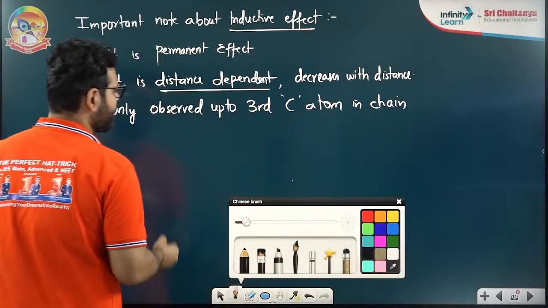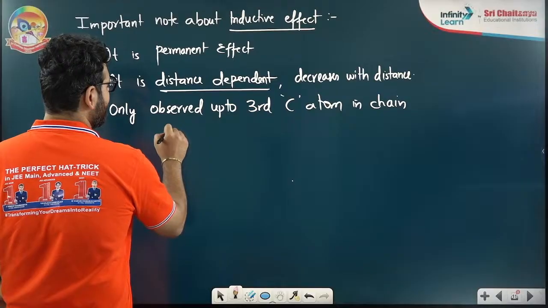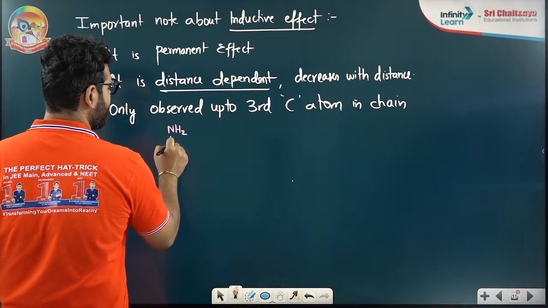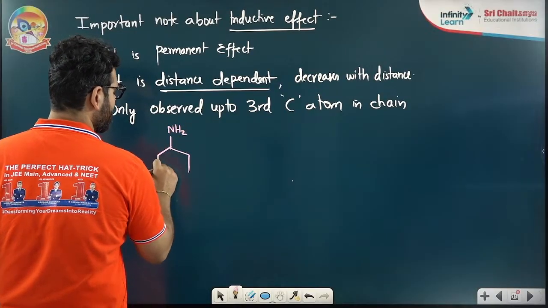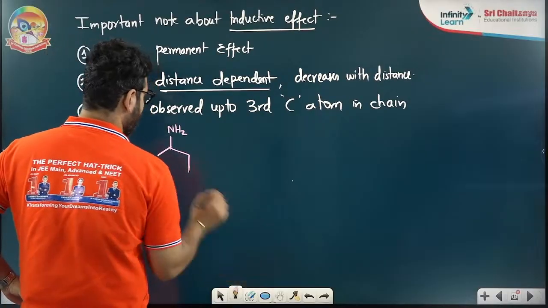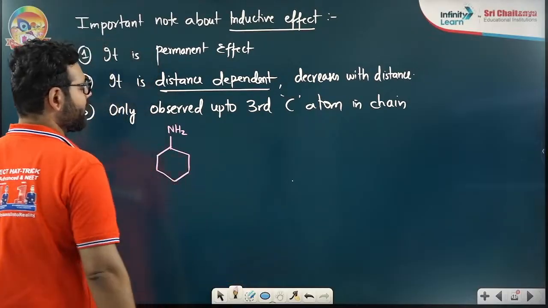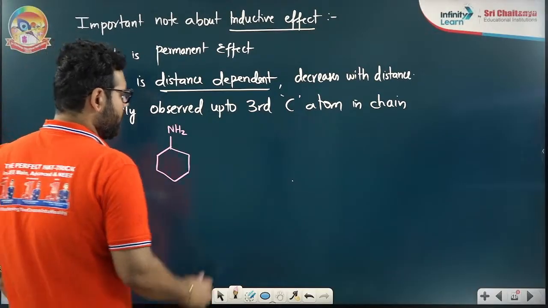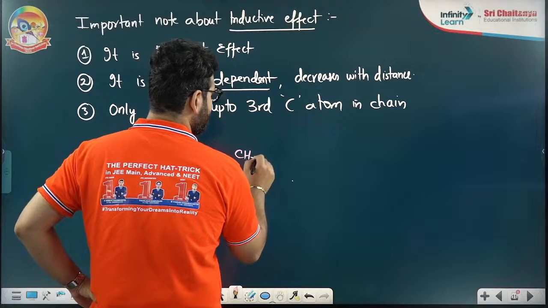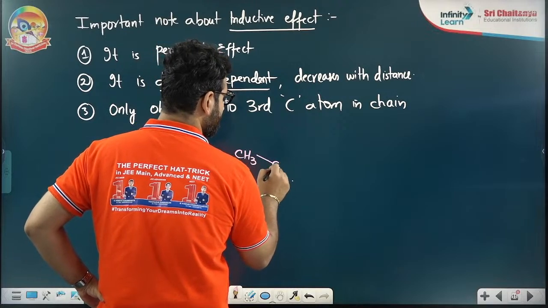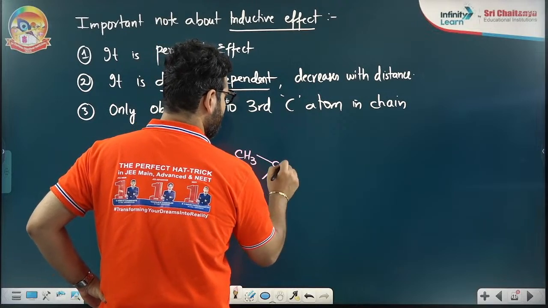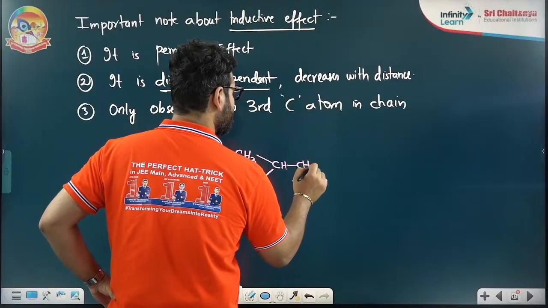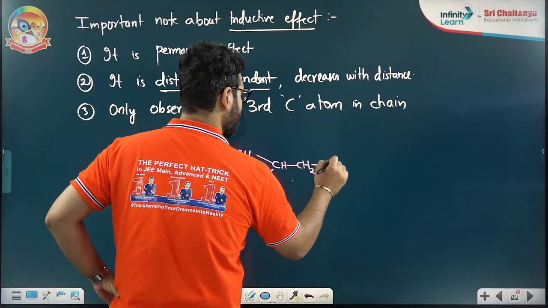For example, beta, you can see here. Let's say I have an NH2 group here attached to a cyclohexane. Cyclohexanamine I'm taking here. Or you can take something like CH3, CH, CH3, CH2, Cl.